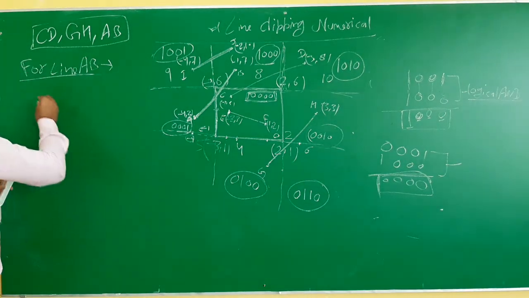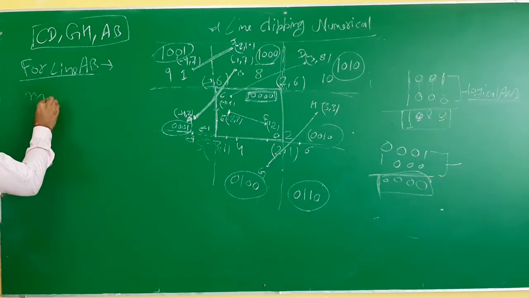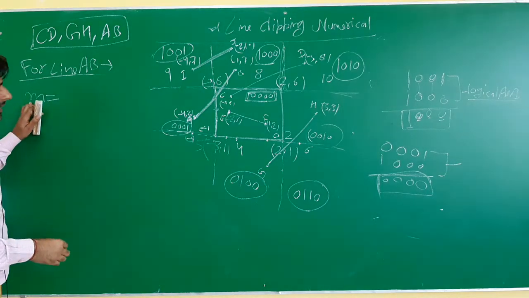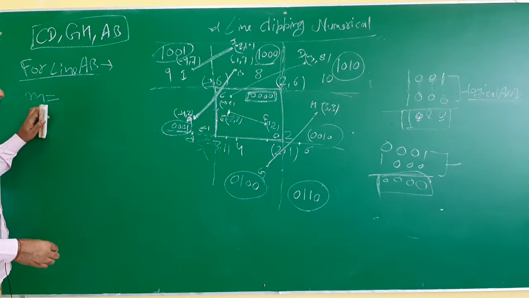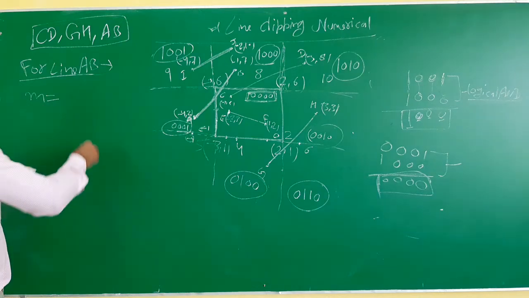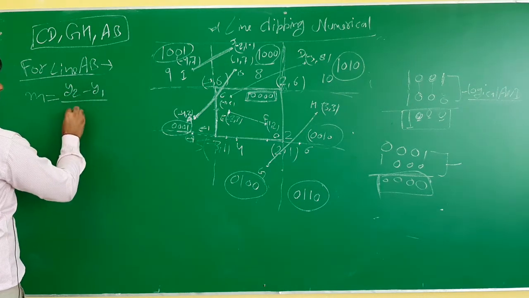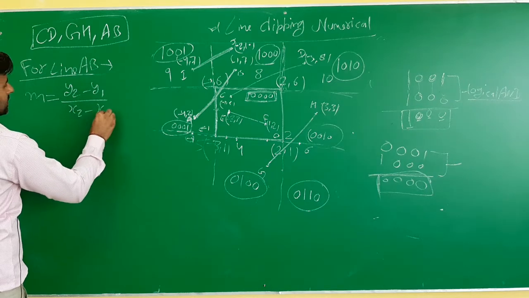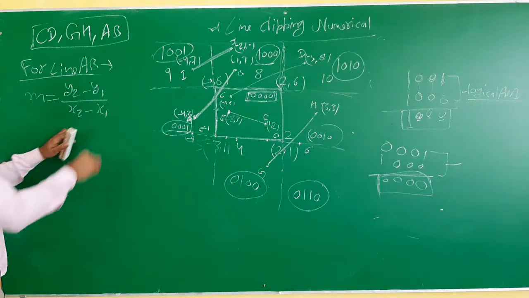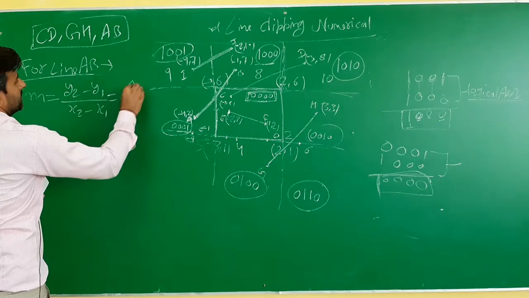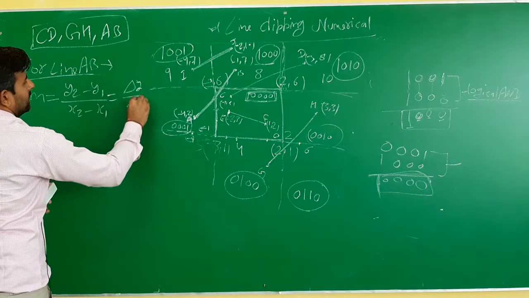I am denoting slope by M. As we all know, the formula for finding slope is y2 minus y1 upon x2 minus x1, or we can say del y upon del x.